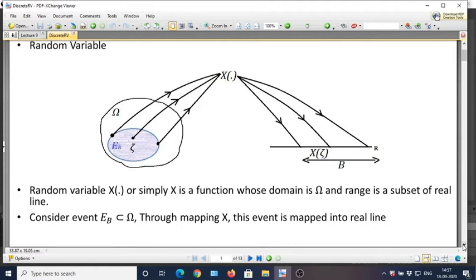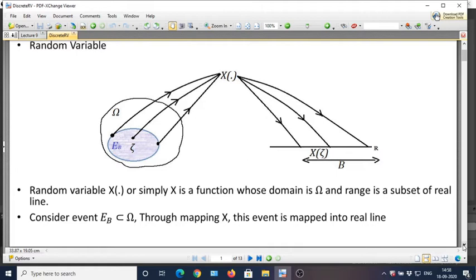We also saw that the entire sample space and therefore the empty set or the impossible event should also be present in the sigma algebra. So which means that if you map events onto intervals on the real axis, these intervals should also obey these properties.